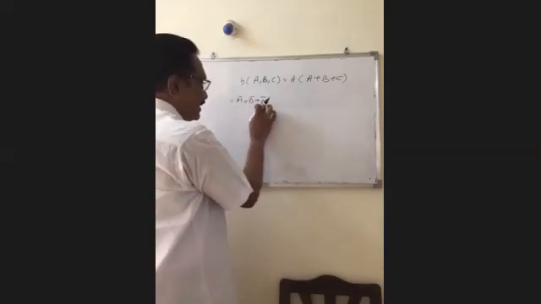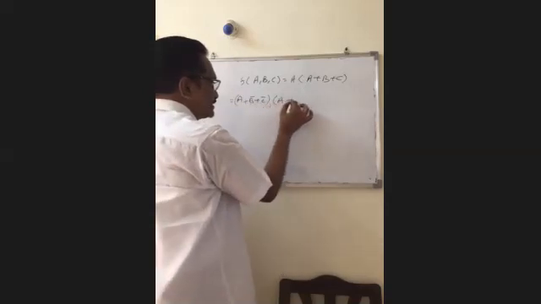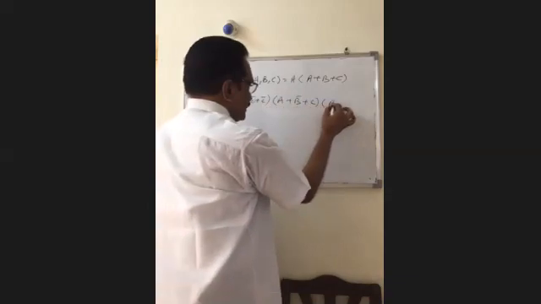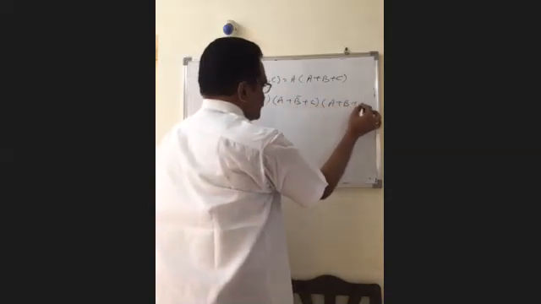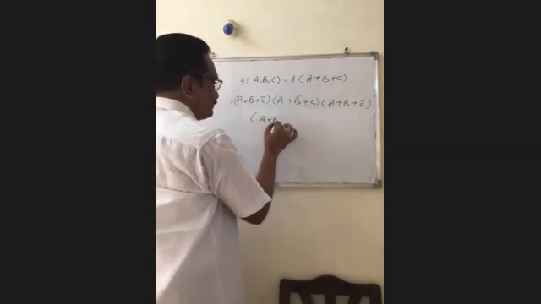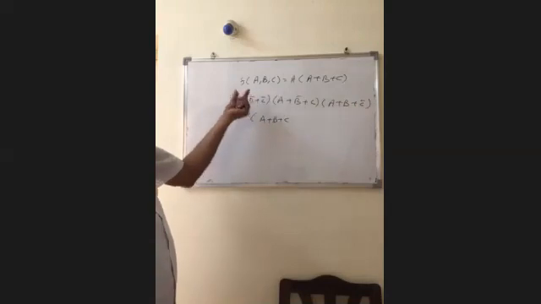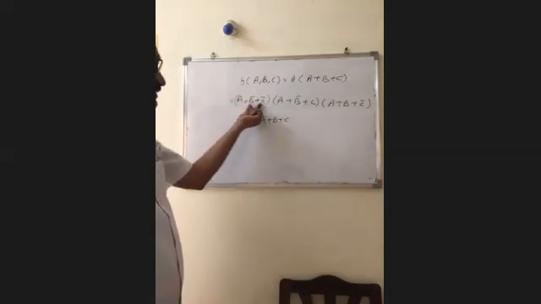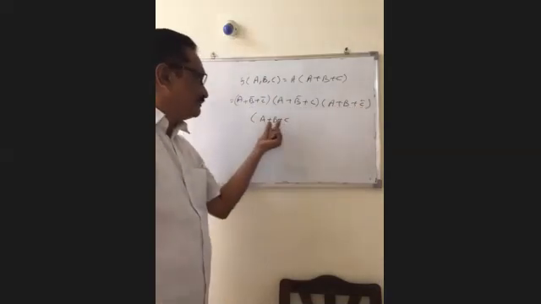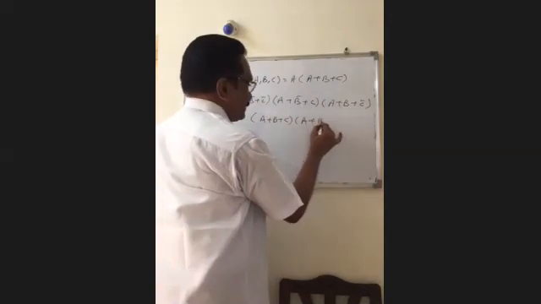A plus B bar plus C bar. The second term is A plus B bar plus C. The next term is A plus B plus C bar. The next term is A plus B plus C. So two variables are missing: A plus B bar plus C bar, B bar plus C, B plus C bar, and B plus C, into A plus B plus C.